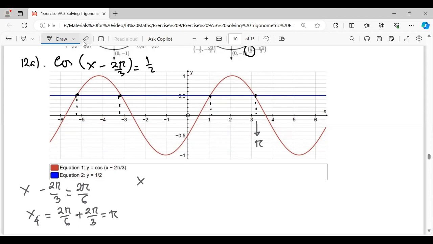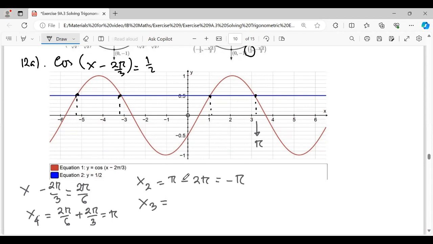Okay. x2 is pi minus 2 pi, negative pi. Okay. Now we're going to find this one for x third.